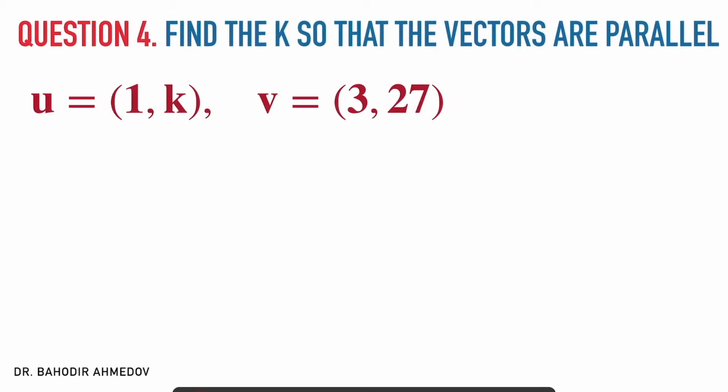Question number 4, we need to find such a value for the case when the vectors are parallel. So first of all, I need to put the condition for when two vectors are parallel. Two vectors are parallel if you can get one of the vectors v by multiplying u by some constant k, or some constant c, let's say, in this case.